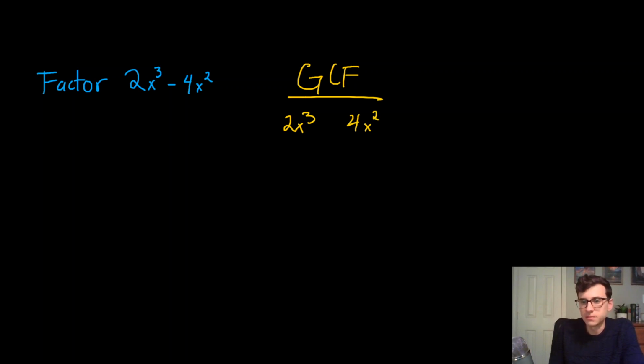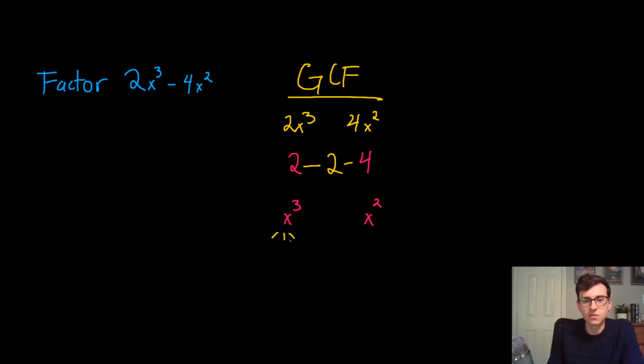Okay, again, find the greatest common factor between 2 and 4, and x cubed and x squared. Well, the greatest number that divides both 2 and 4 is 2. Okay, 2. The greatest common factor between x cubed and x squared.